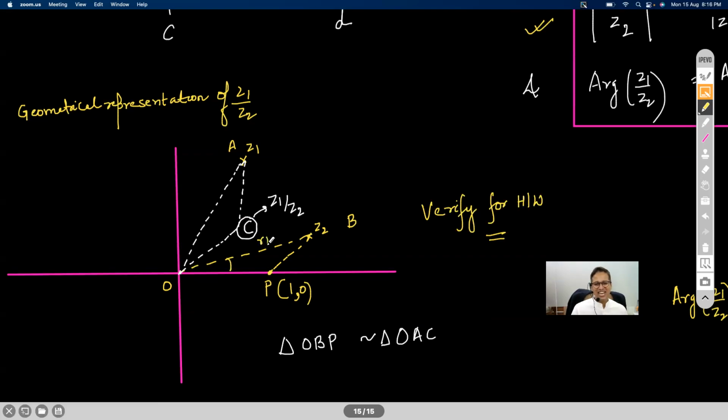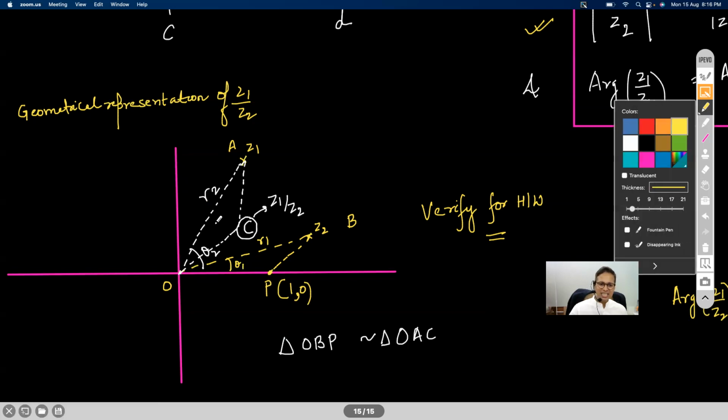So let's say this is R1, this is theta1, this is R2, and this whole thing is theta2. Now since I have made a similar triangle, this one is going to be theta1. So how much is this angle, the red one?